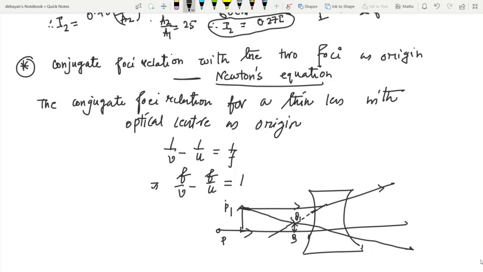You can write u minus f prime and v minus f is equal to f f prime. So from that particular equation, taking capital U and capital V, you can write this as f f prime. That is what you can call Newton's equation.